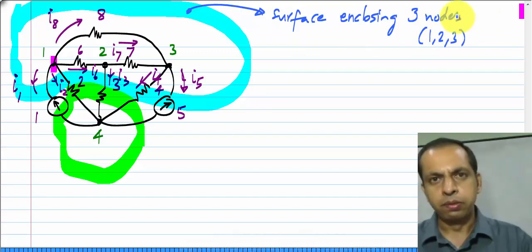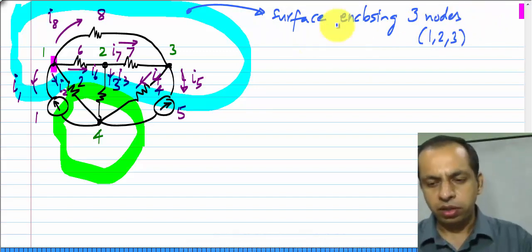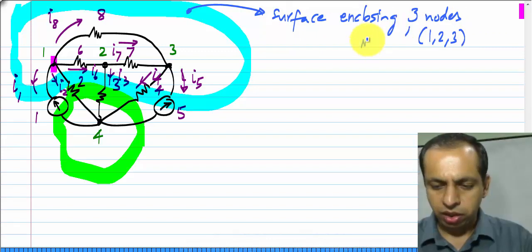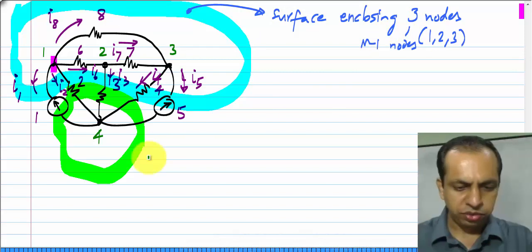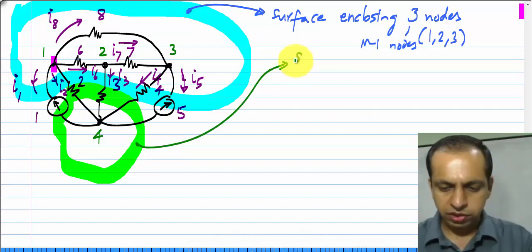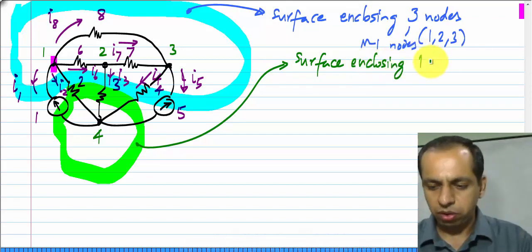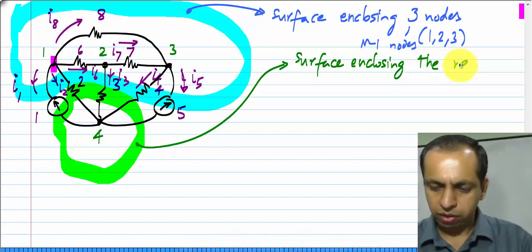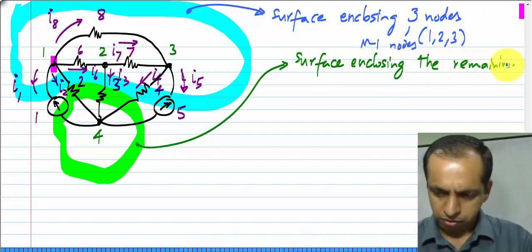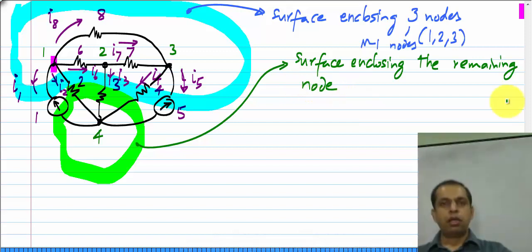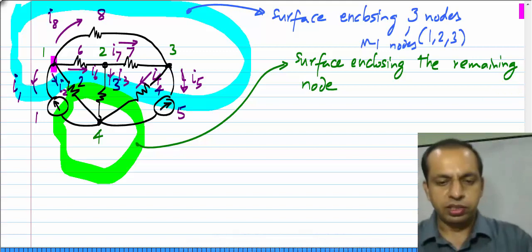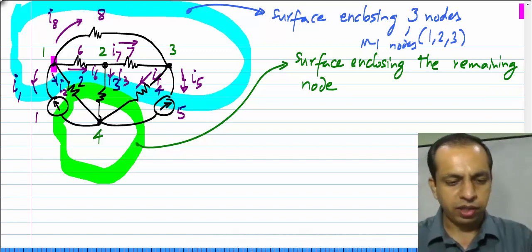So, in general, if you have an n node circuit, you imagine a surface enclosing n minus 1 nodes. And this one here is a surface enclosing the remaining one node. Now, let us write KCL equations.